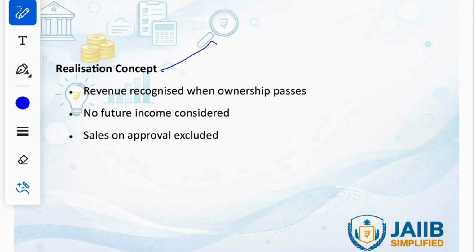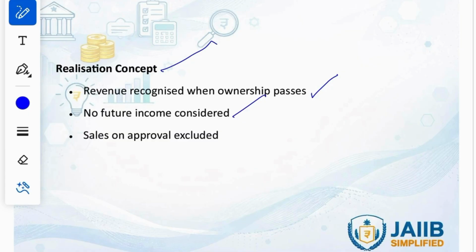In realization concept, revenue is realized only when goods are legally transferred to the buyer. In this realization concept, revenue is recognized when ownership is passed. At that time only realization occurred. No future income considered.